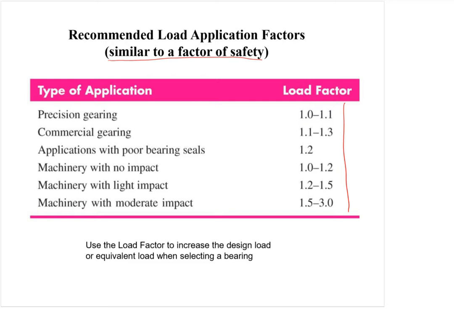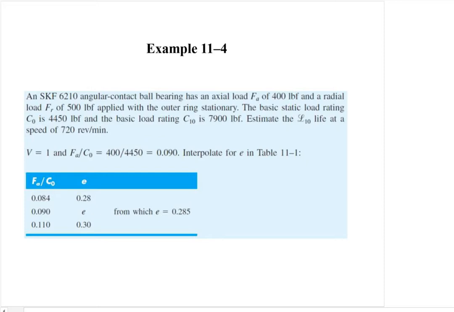These seem fairly non-conservative. They're all hovering around 1. So if you're unsure, I'd definitely go with a better factor of safety on a bearing. Everything, I mean, that's transmitting all the forces from the shaft to the stationary part. So if you can afford it and it doesn't weigh too much, go with a beefier bearing. Example 11.4.